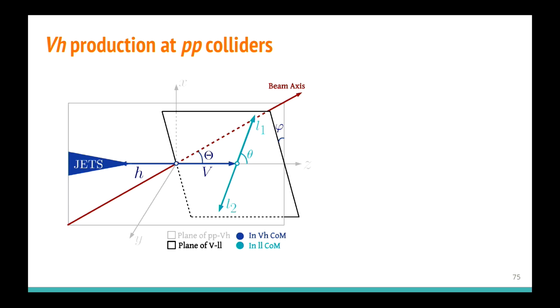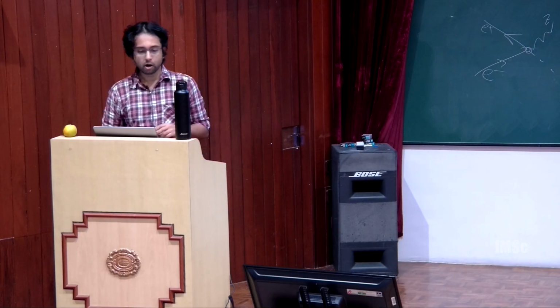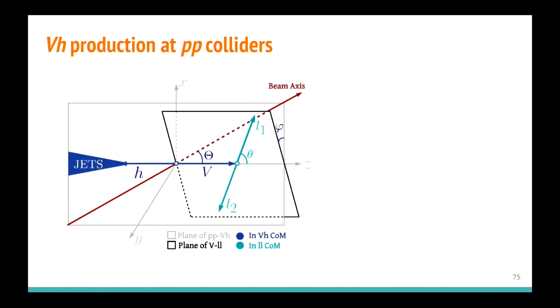These operators can be constrained in various ways. They could be constrained from electroweak precision tests, precision observables, like indirect constraints such as the S parameter and T parameter, or they could be constrained directly from a process like a Higgs being produced with a W boson or a Z boson.